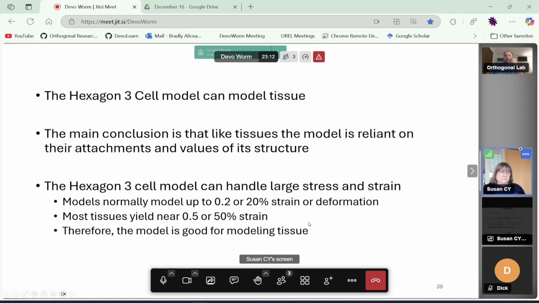Normally, models that are used for tissue are up to 0.2 or 20% strain or deformation, and most tissues yield at around 50% strain, and therefore my model is good for modeling tissue.